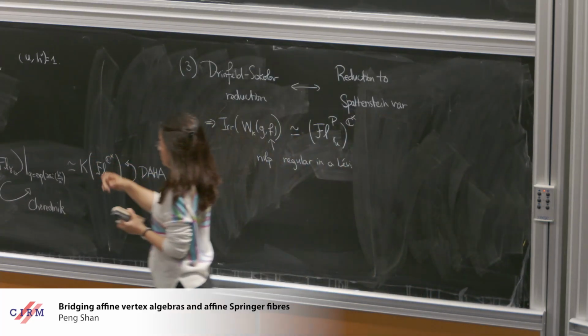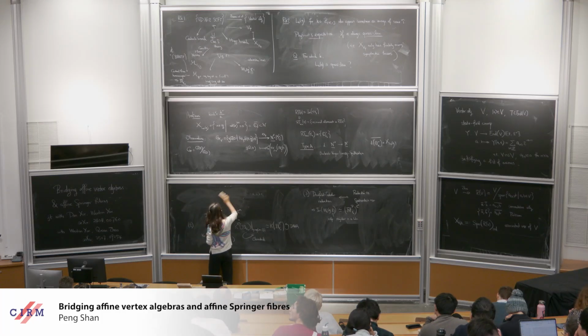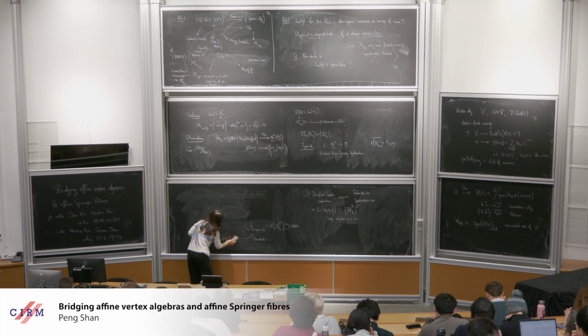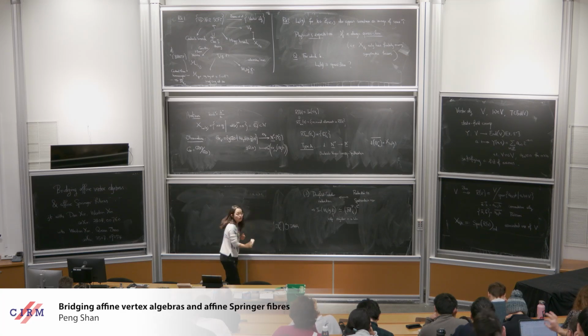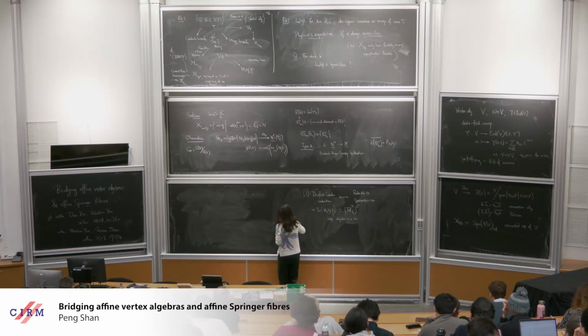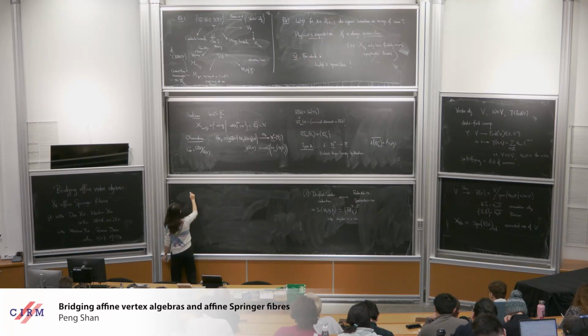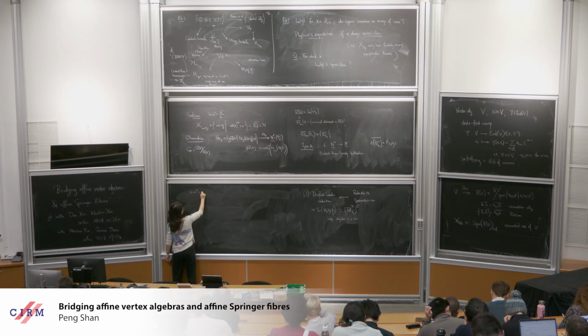This is studied in the second paper joint with Wenbin Yan and Qixian Zhou. So now, from now on, I assume k plus h check is equal to m.